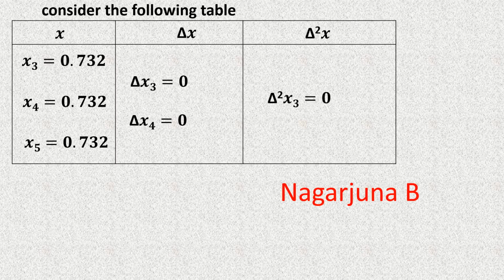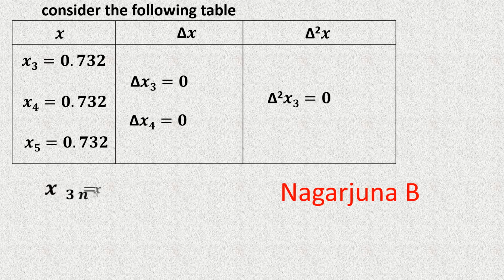You need to write in the same manner in the table while writing in the book, also in the examination. That is delta x3 should come in between x4 and x3 in the next column. Similarly delta x1 has to come in between x4 and x3 in the next column, and there should be one line gap between x3, x4 and x5.